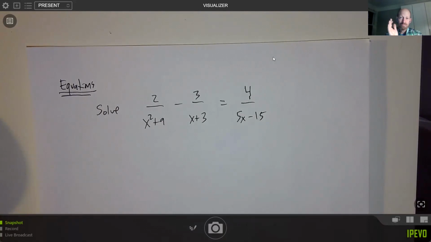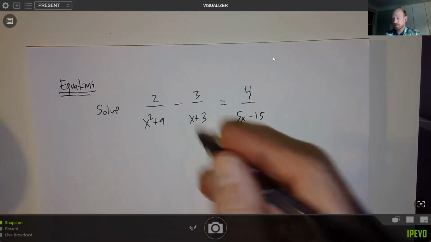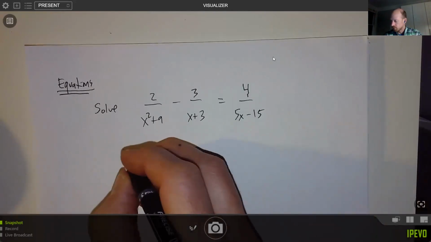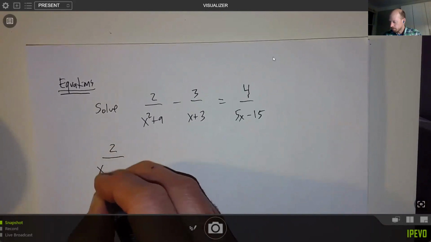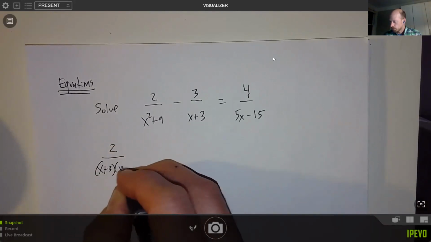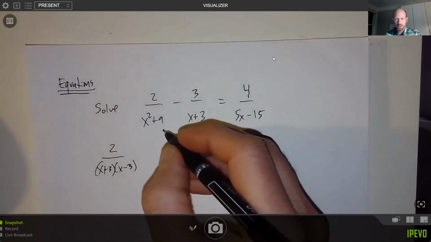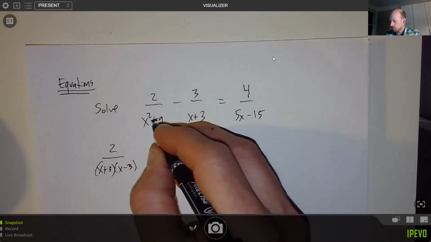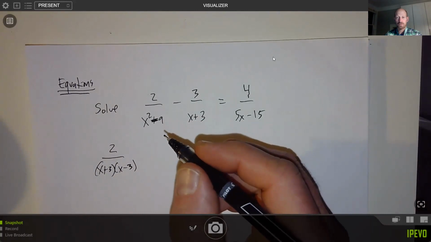I won't ask you the question again because I feel confident you're all going to answer in unison the right answer. How do you start the problem? You're all going to say factoring, right? Because you've remembered rule number one and you're recognizing these are rational expressions. So it is correct. I am going to factor. Oh, sorry. I wrote x plus 9. Make that x minus 9 so it factors.